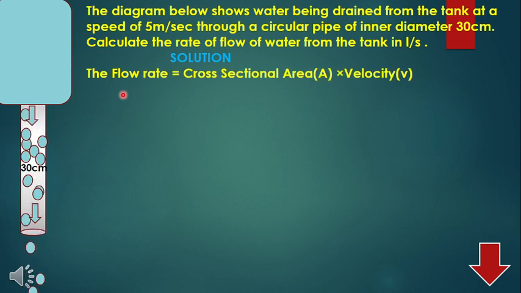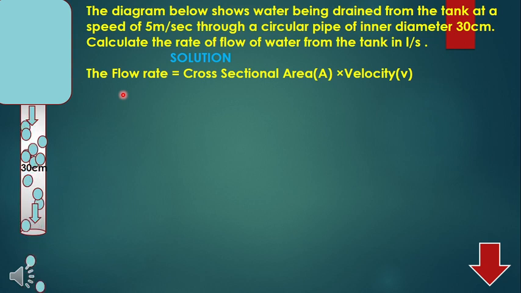We know that the formula for the flow rate is equal to the cross-sectional area multiplied by the velocity. The cross-sectional area of what? Of a pipe, or of a medium through which water is draining.